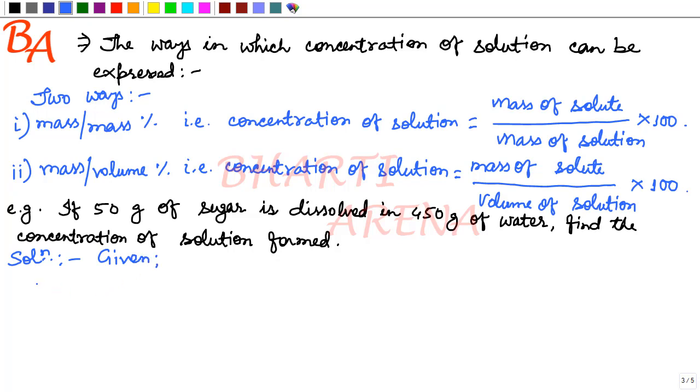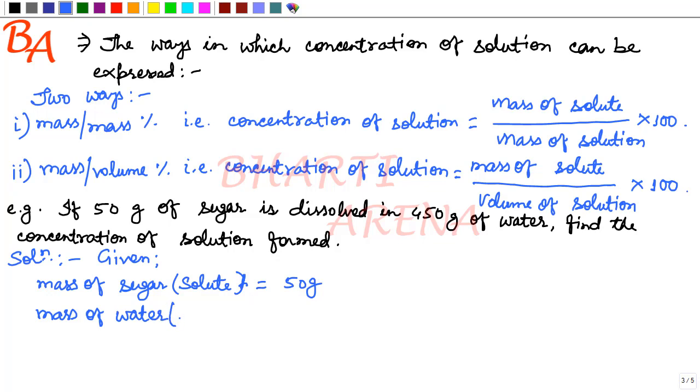There is given mass of sugar, that is solute here, equals 50 grams, and mass of water, it is solvent here, is 450 gram.